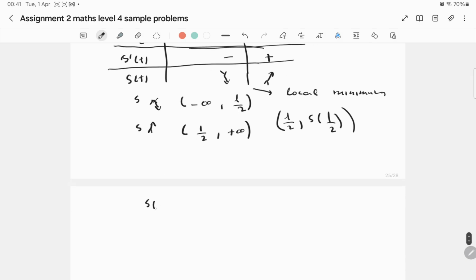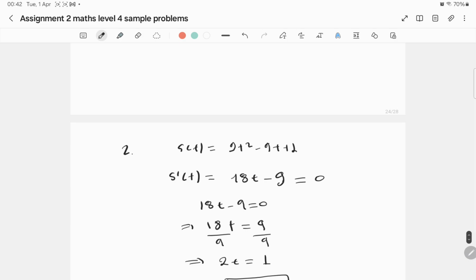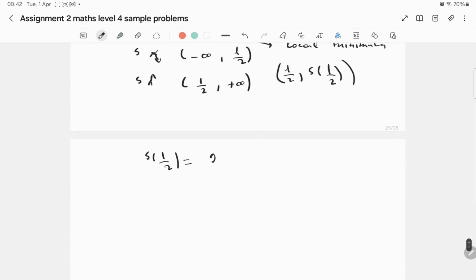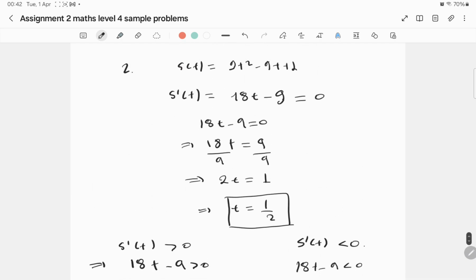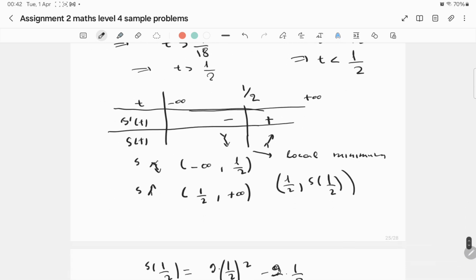Let's evaluate s of a half. s of a half is 9 times a half squared minus 9 times a half plus 1.